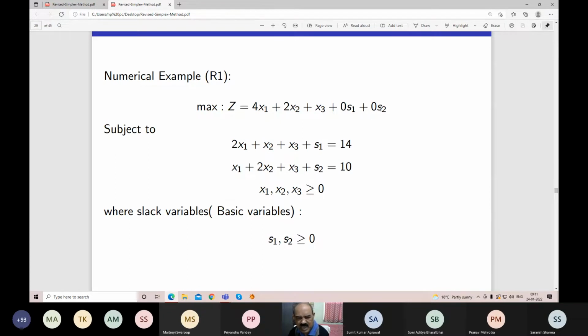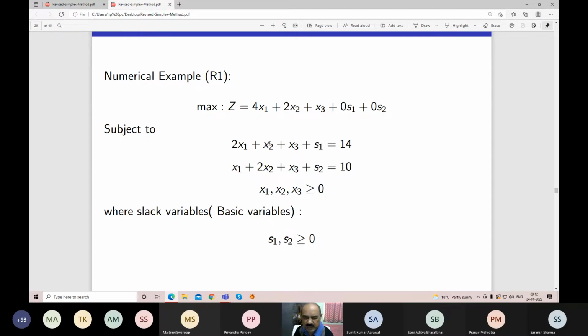With respect to the slack variables, the coefficients are 0, 0. And the constraints: 2x1 plus x2 plus x3 plus s1 equal to 14, x1 plus 2x2 plus x3 plus s2 equal to 10. These x1, x2, x3 are non-negative. The slack variables are the basic variables. They are non-negative.